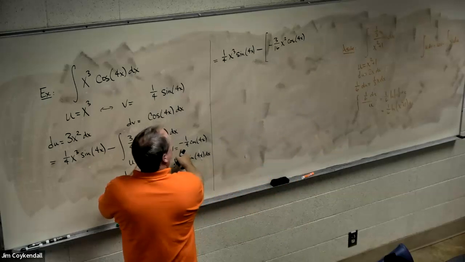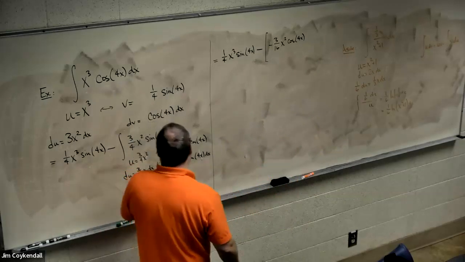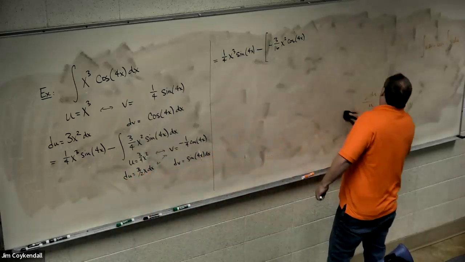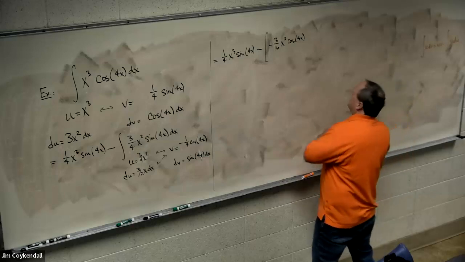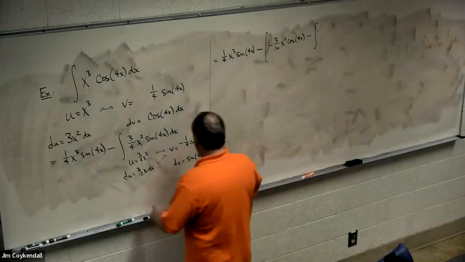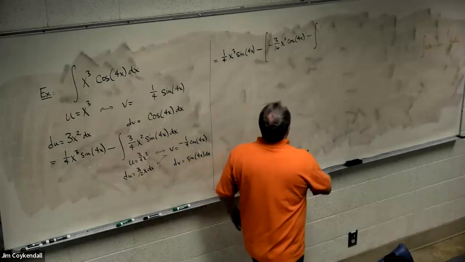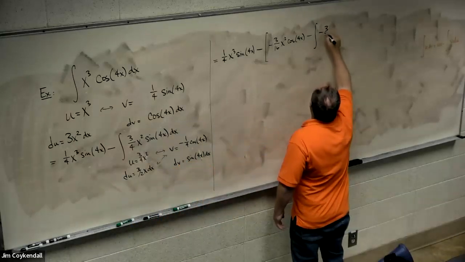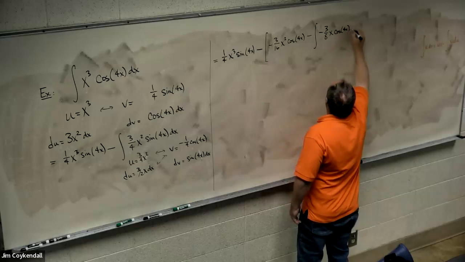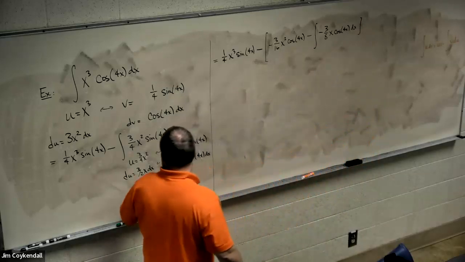And then minus the integral of this product. And this product here is minus 3/8 x cosine 4x.